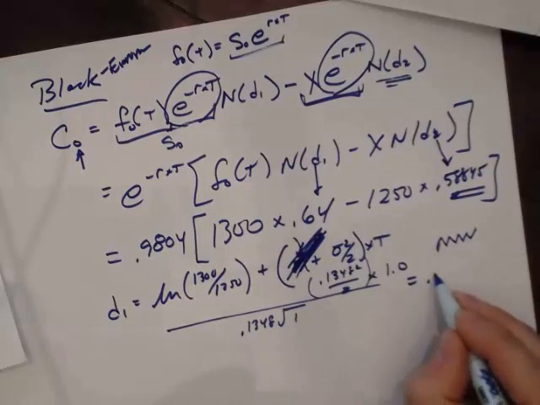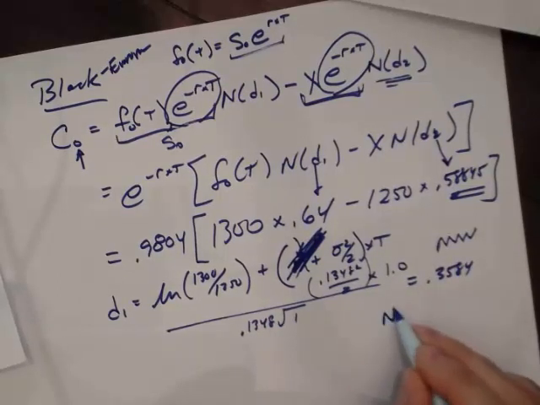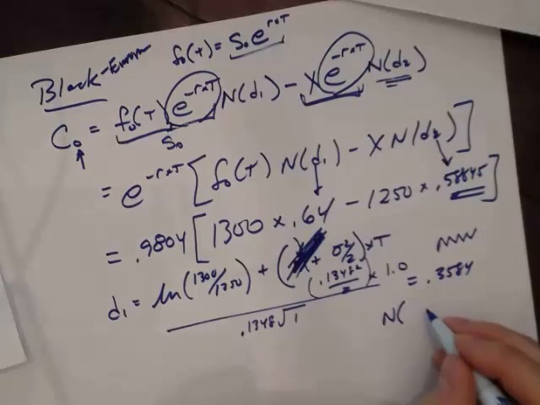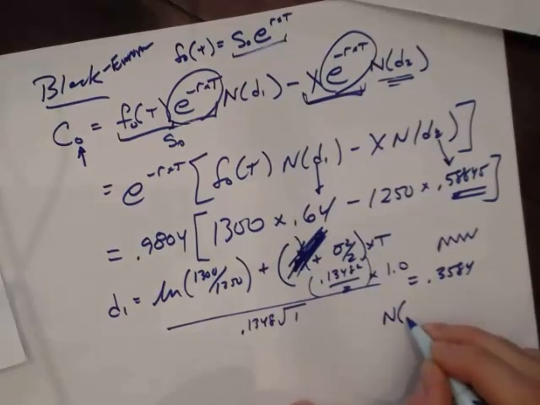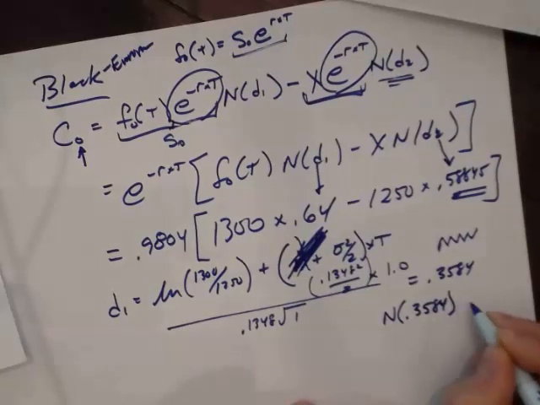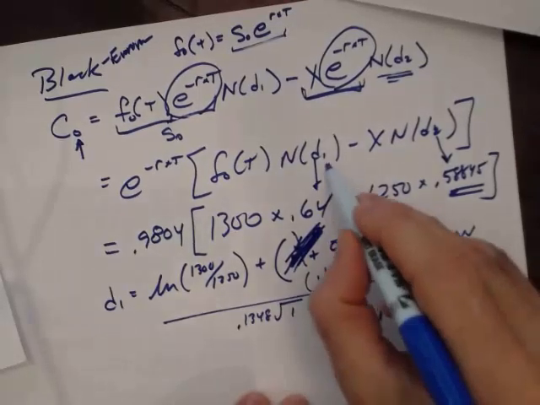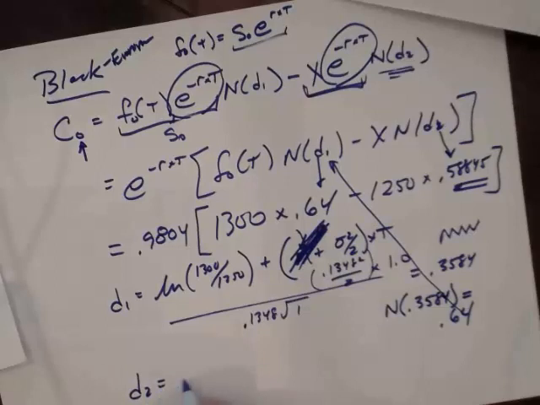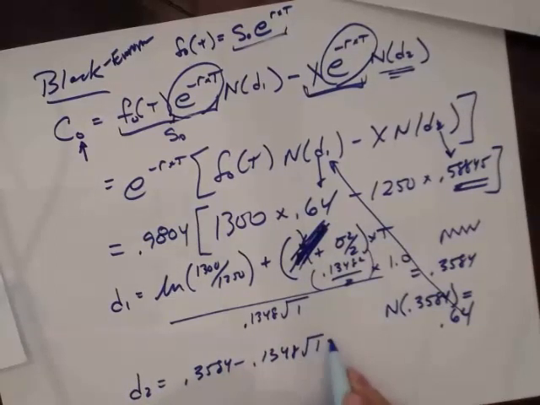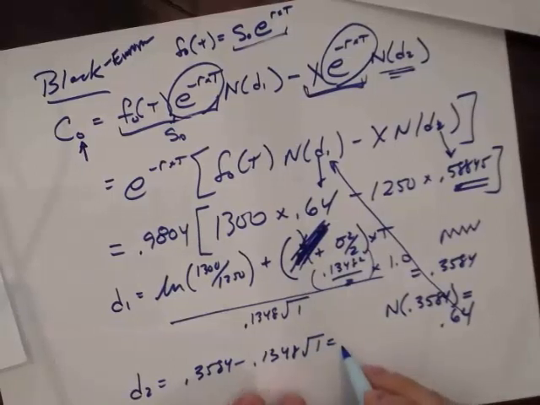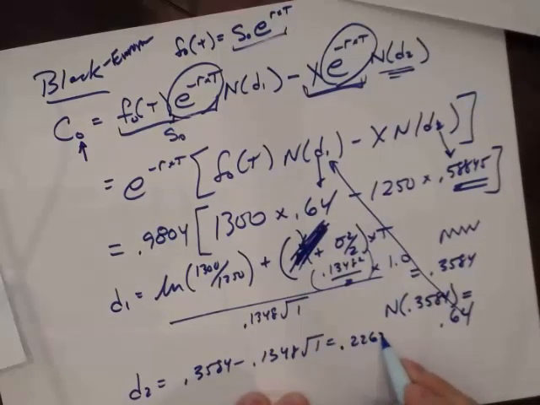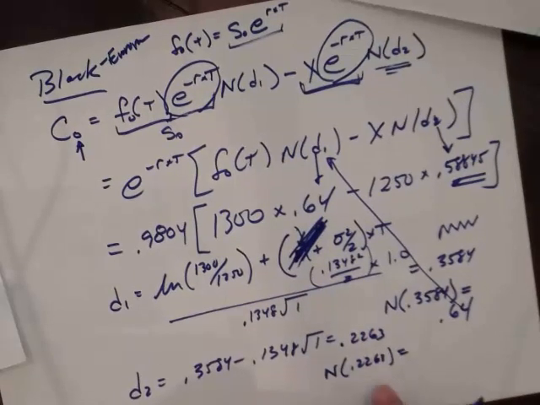This comes out to be 0.3584, and if you look up the N(d1) either in an Excel spreadsheet or a table given in the book, N(d1) is 0.64, and N(d2) is 0.3584 minus 0.1348 square root of 1. That equals 0.2263.